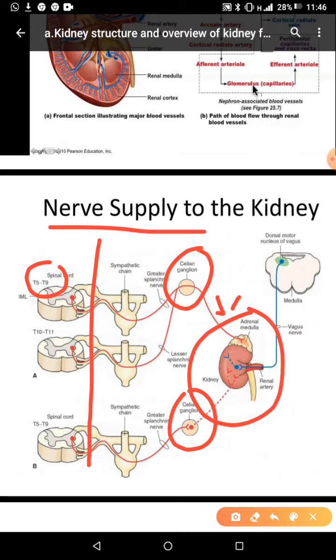Okay, now what's the function of this sympathetic? Actually, when the sympathetic has been activated, it increases many functions of the kidneys. It will increase absorption of sodium. It will increase production of renin. Okay. So it's just important to know that when the sympathetic has been activated, it increases the secretion of renin. It increases the reabsorption of sodium.